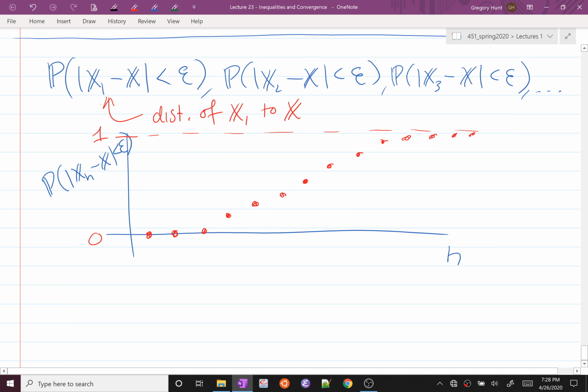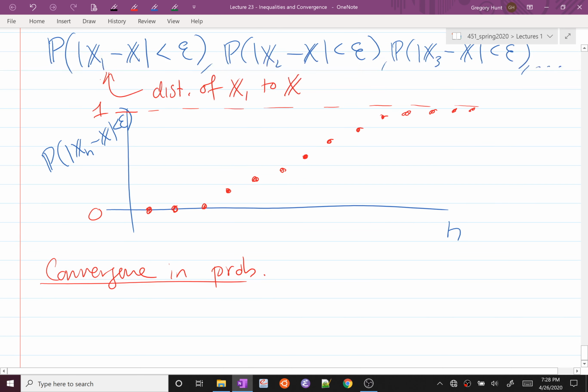So the intuition behind convergence in probability is that for large enough n, the probability that the distance between my sequence element X_n and the eventual limit X is bigger than some threshold, whatever threshold, is going to be basically 0.